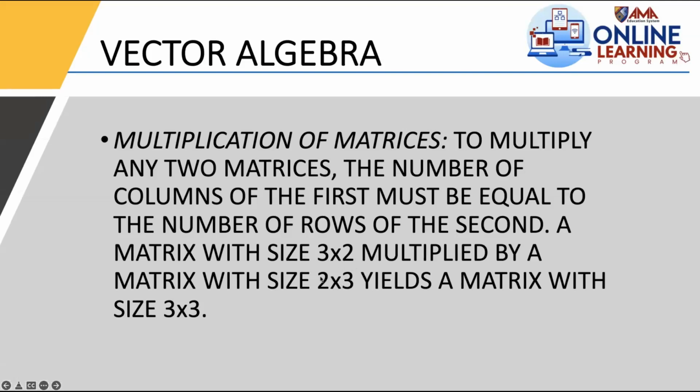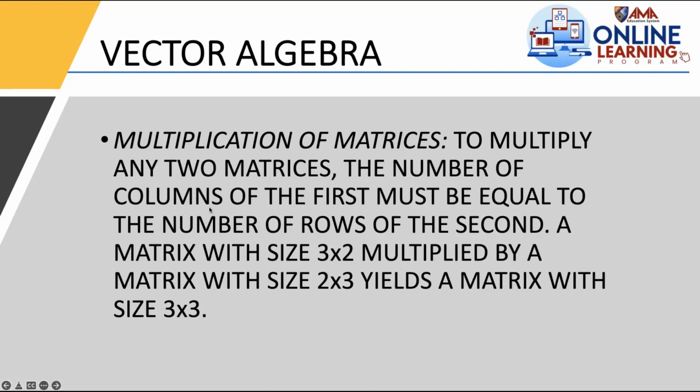You cannot multiply that because you notice the 2 and then 3 are different. But for square matrices, possible: 3 by 3 and 3 by 3, 2 by 2 and 2 by 2. As long as these two are the same, it doesn't matter whether it's a square matrix or not. Again, square matrix means the same number of rows and the same number of columns.